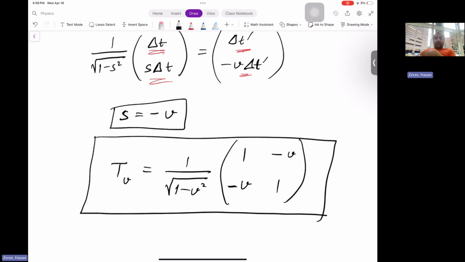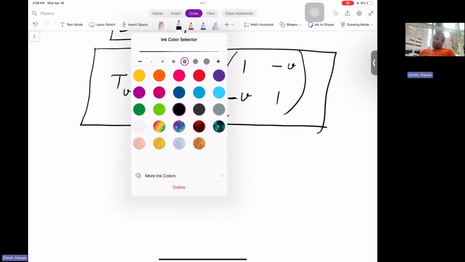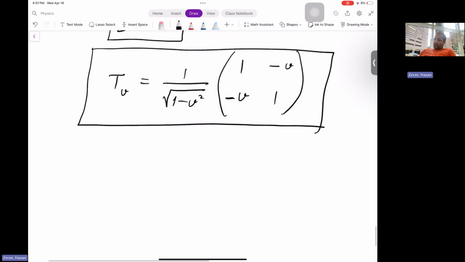And then you can obtain the Lorentz contraction, length contraction, and the time dilation by using this. Say, for example, you have an object which has a length of delta x, and it's stationary from the point of view of observer A.